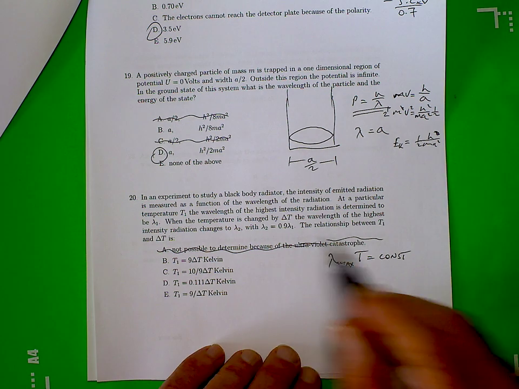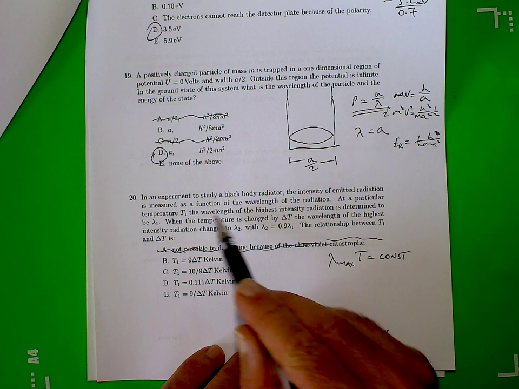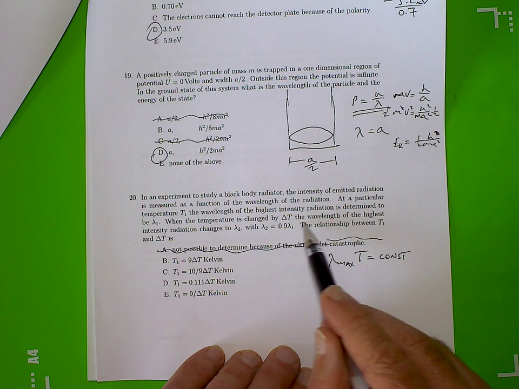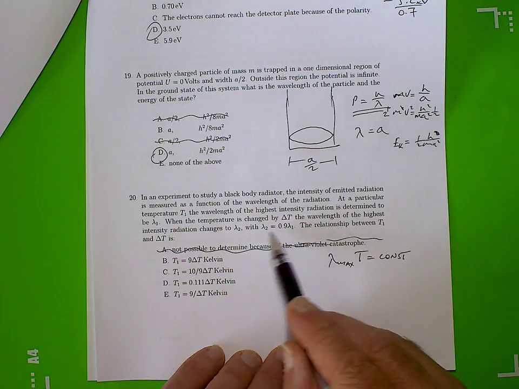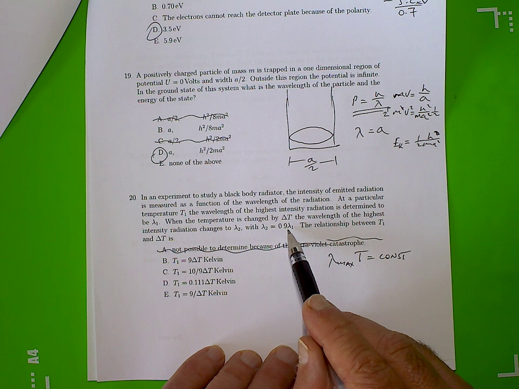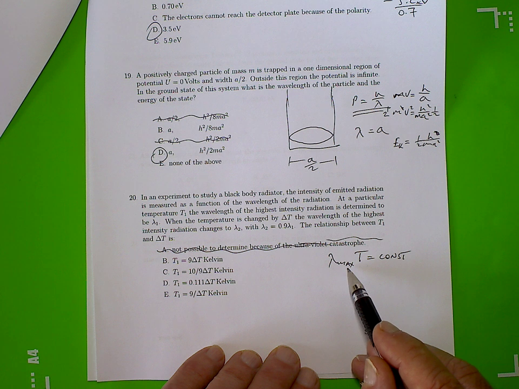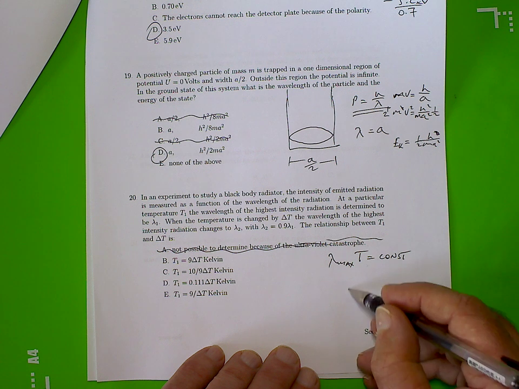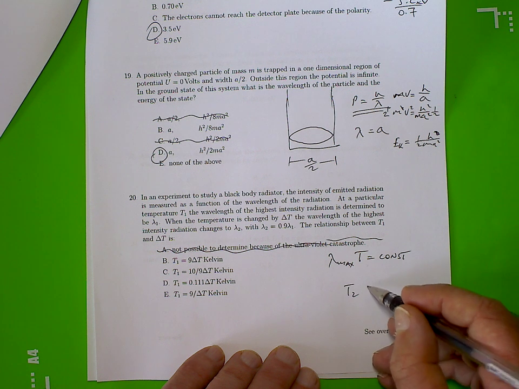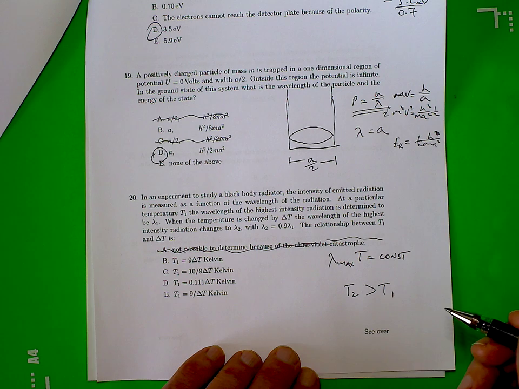So what we've done here, we have lambda 2 is shorter than lambda 1. This is smaller, therefore T2 must be bigger than T1.